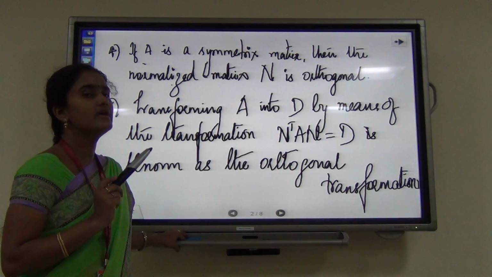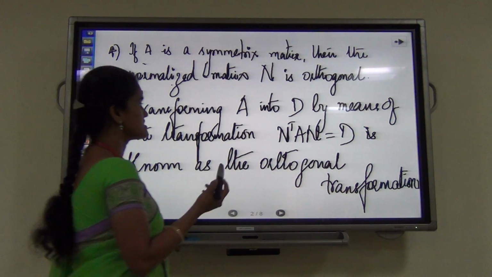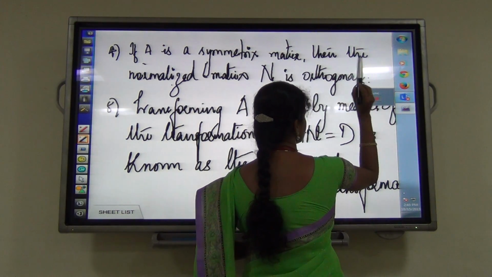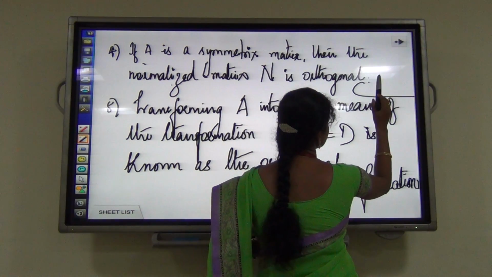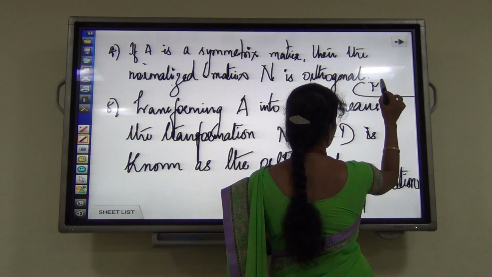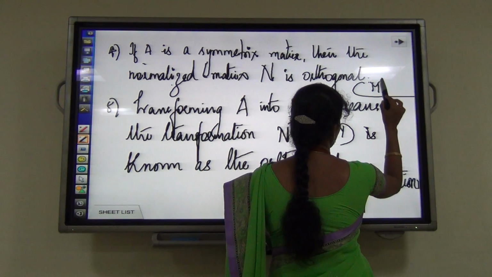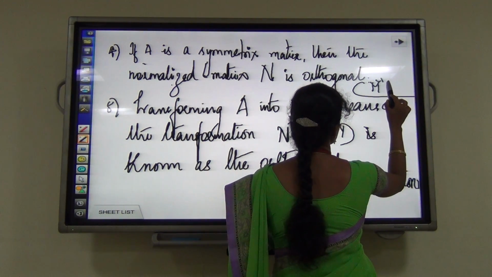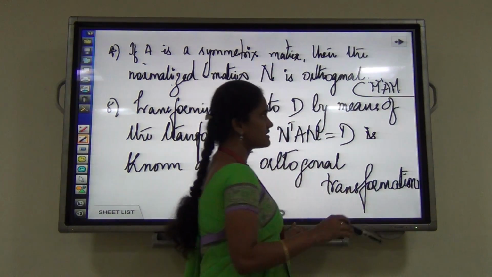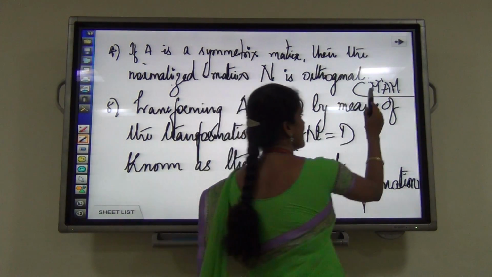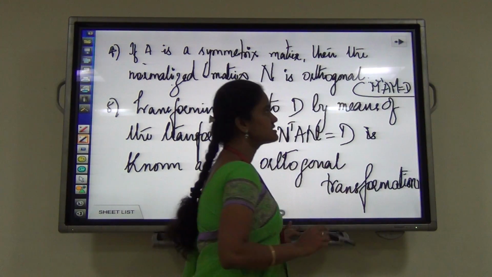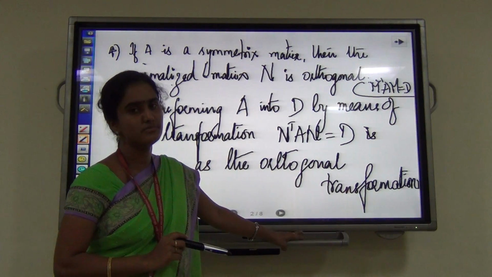Now, as we know, the similarity transformation definition is: if A is a matrix, then by similarity transformation, M inverse A M gives you D, where M is a matrix. So this is what the similarity transformation means.